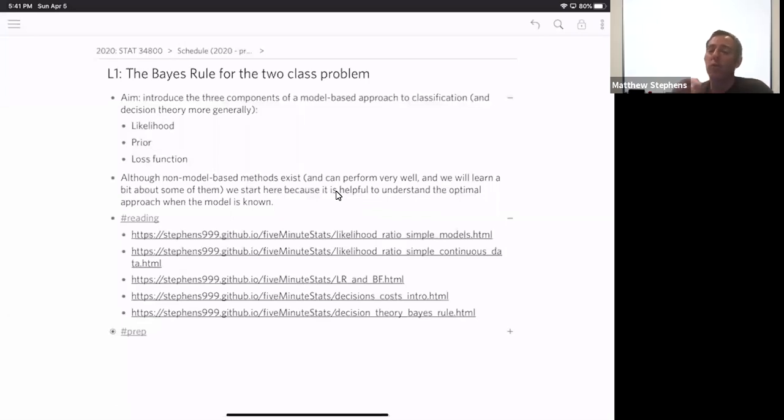And once all those components were in place, you would be able to, for any given email, compute a likelihood ratio, combine that with the prior odds to get a posterior odds and a posterior probability, and then compare that posterior probability with the costs to make a decision about whether to put it in the inbox or put it in the spam filter.